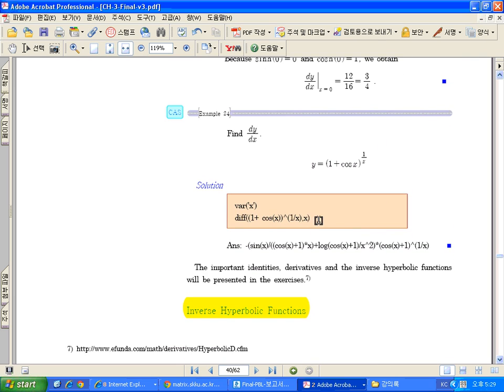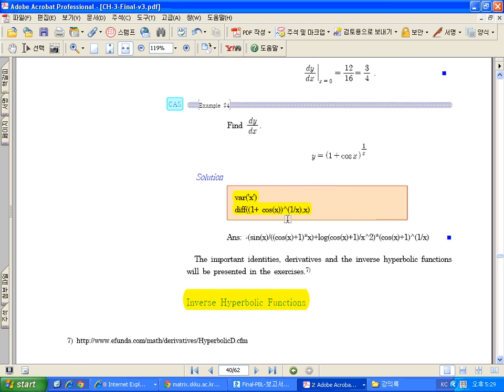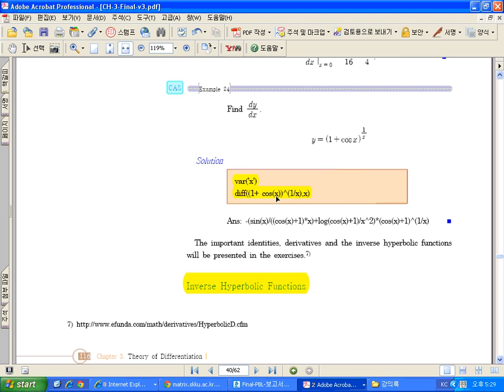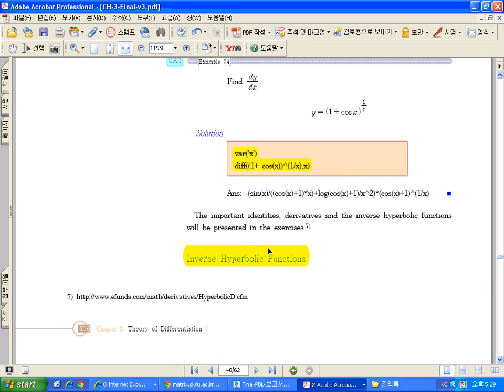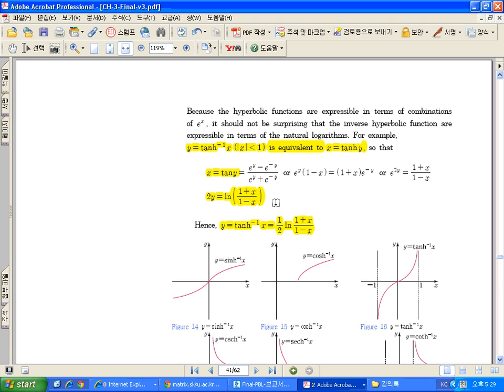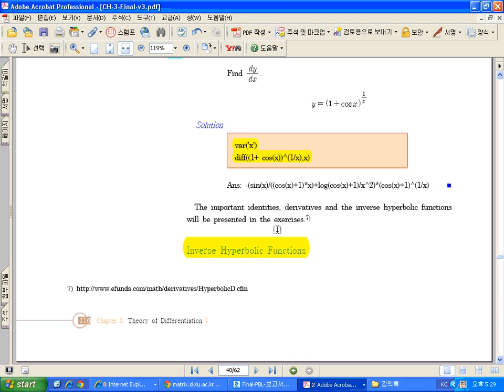Simply in Sage, if you give the simple command diff, it will give you the differentiation of all those hyperbolic functions, and inverse hyperbolic as well. So here is the inverse hyperbolic function. Before, we studied the hyperbolic functions and their derivatives.